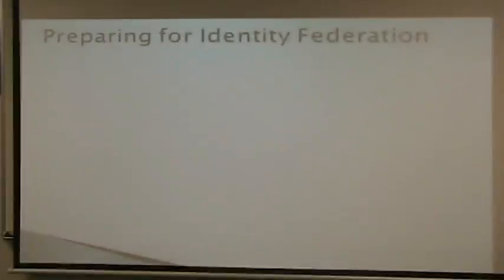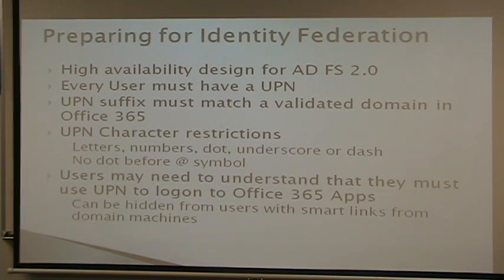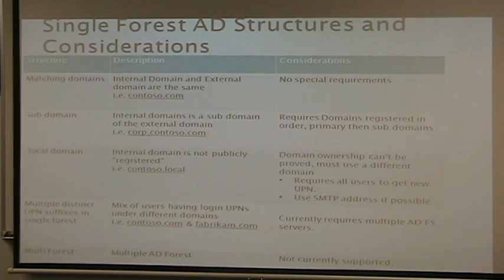All right, so just a quick slide to summarize. Basically, these are the preparation steps in preparing for Identity Federation. I'm not going to go into depth about it. I just wanted you guys to see it and have it there for reference later on.